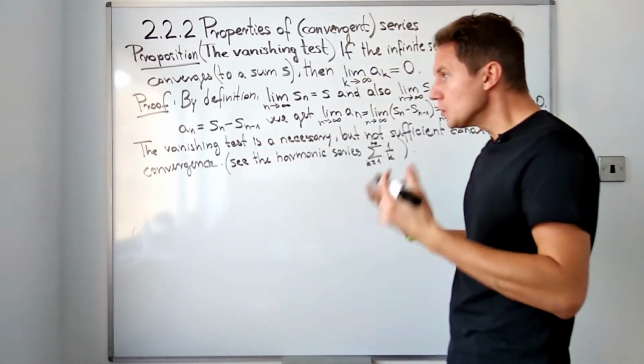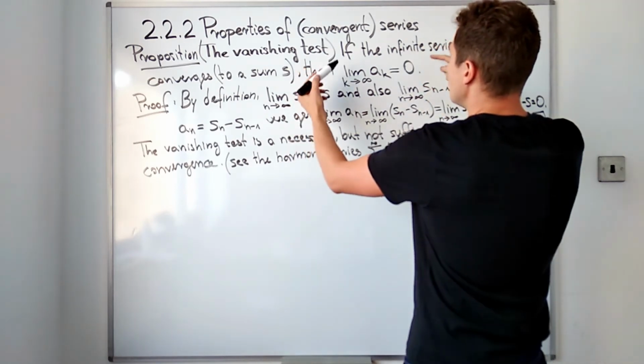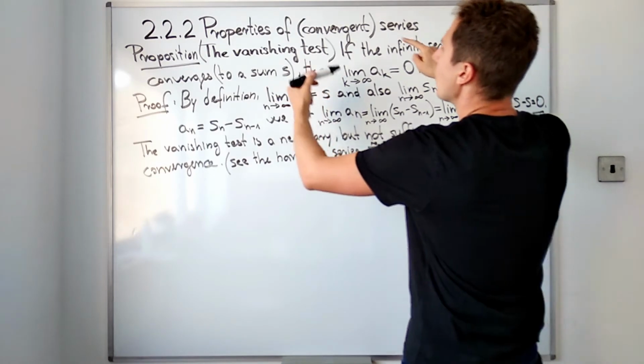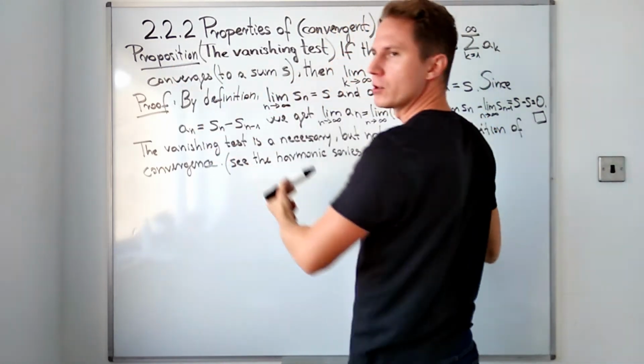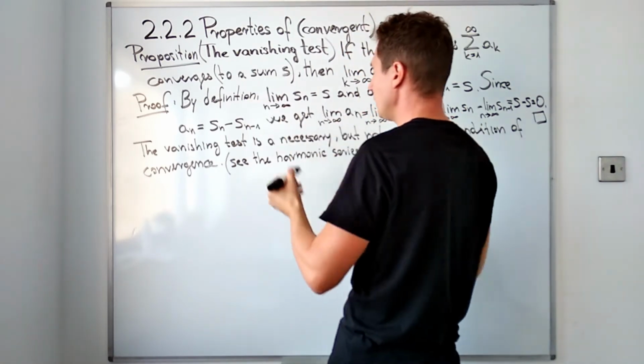The way we can use the vanishing test is the following. If the general term in the series doesn't converge to 0, then our infinite series must be divergent. So it's divergence that can be established using the vanishing test.